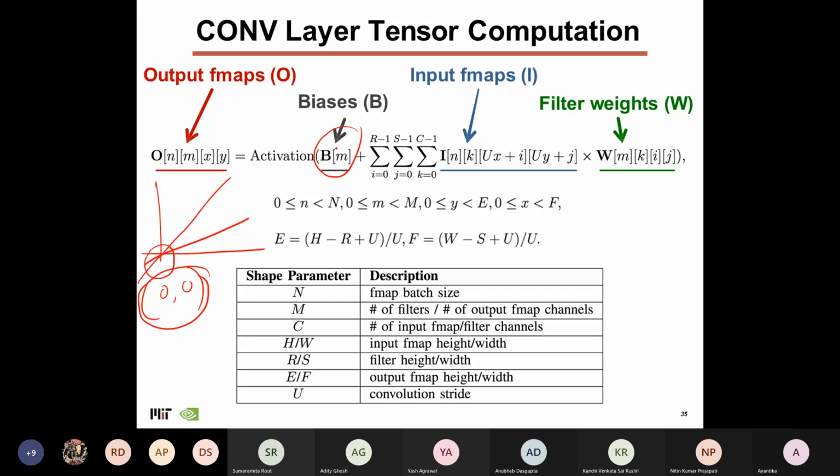Since you asked this question, I will come up with an example and explain it better. But whenever we need this shift, this bias is basically providing this shift. Okay. Anything else?